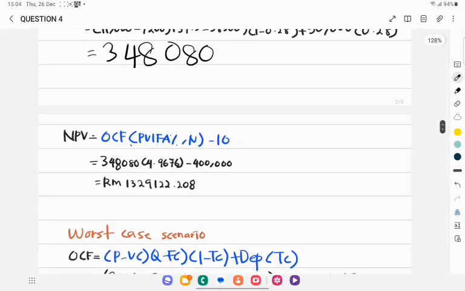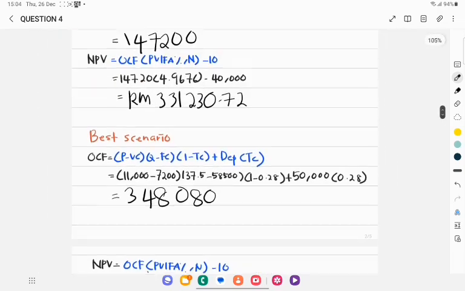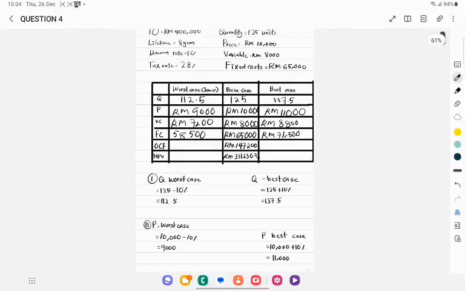And the next is NPV, which is OCF multiply PVIFA minus IO. So 348,080 multiply 4.9676 minus 100,000. So the answer is 1,629,122.208. So we need to fill in that table with the answer.